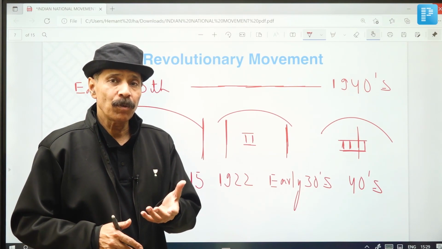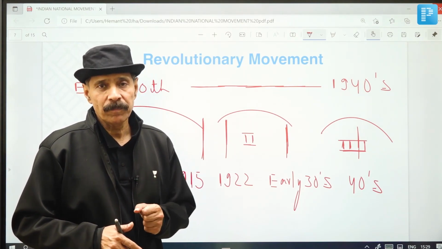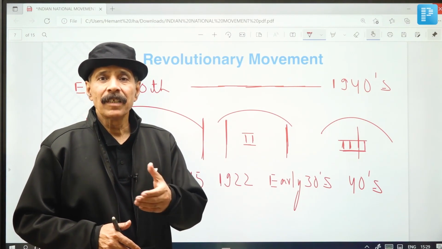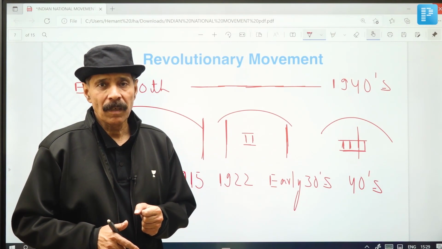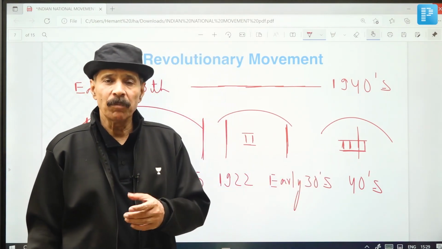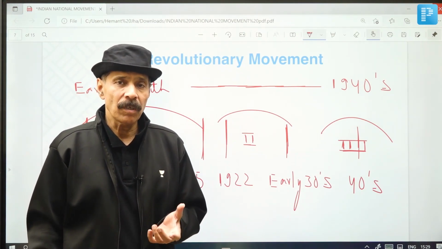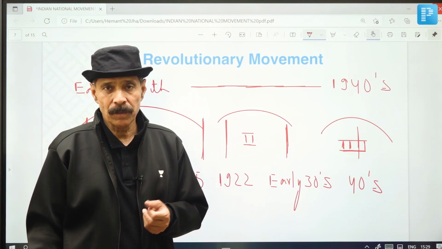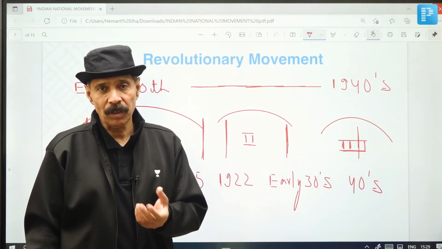And the second group was led by Surya Sen in Bengal, that was involved in the Chittagong Armoury Raid. And in the third phase, this movement was represented by the Indian National Army, or Azad Hind Fauj, military operation under the leadership of Subhash Chandra Bose.